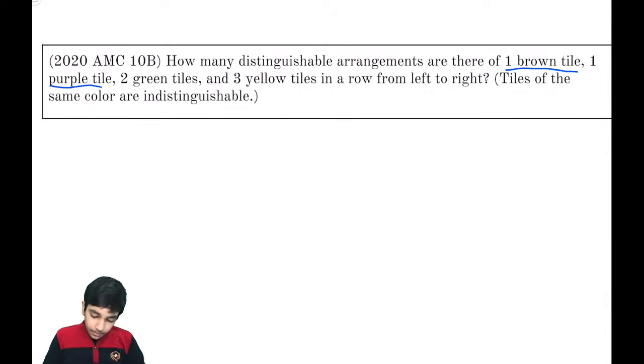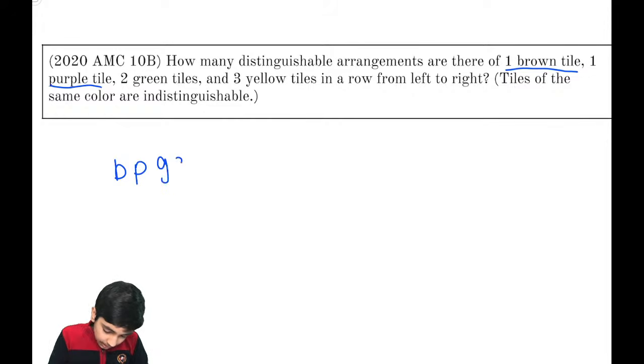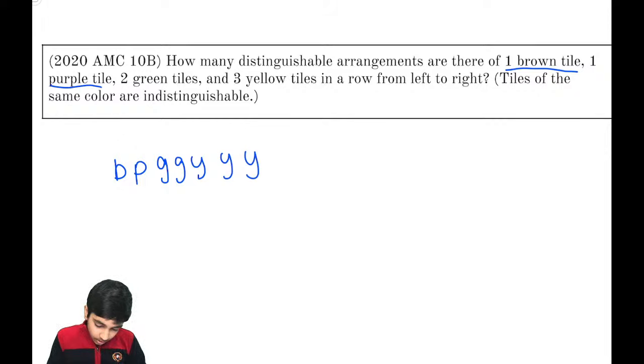Okay, so one brown tile, so 1 B, 1 purple tile, so a P, 2 green tiles, and 3 yellow tiles, so Y. So overall, we have 7 letters. So by the word rearrangement formula, how many ways can we arrange these 7 letters? Well, we have 7 letters, so 7 factorial, divided by 3 factorial for the 3 Y's, and then 2 factorial.